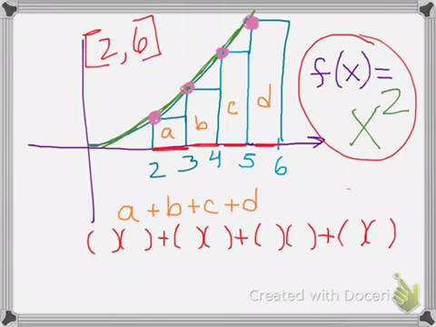Length times width. What is the width of all 4 of these rectangles? 1. So rectangle A has a width of 1, rectangle B has a width of 1, rectangle C has a width of 1, and D is also 1.